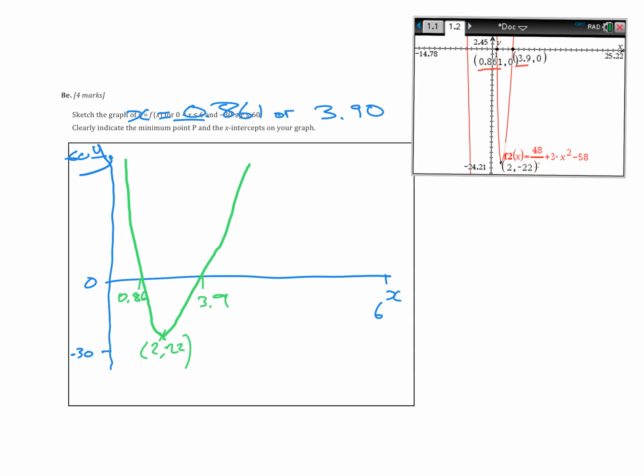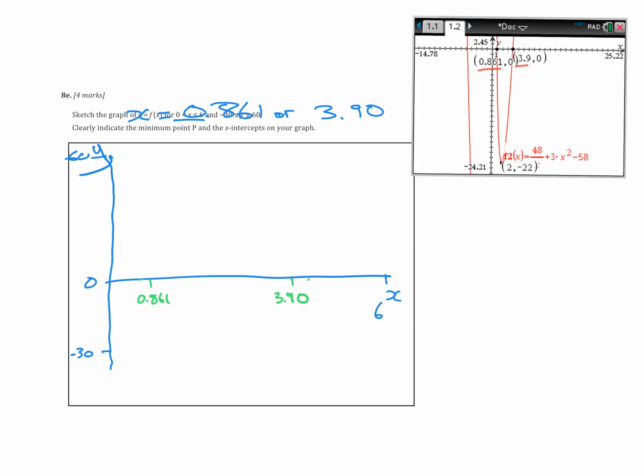I suppose that if I'm being a bit fussy, I would like this 3.9 to be a bit further along towards 6. So if I was doing this again, what I would probably do is mark on all the points first before we draw it, just to tidy things up, because I've got a bit of spare time. So we've got 0.86, which I'm going to write here, and 3.90, yep, here.